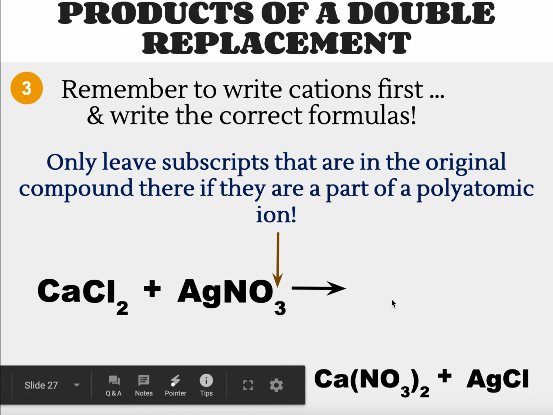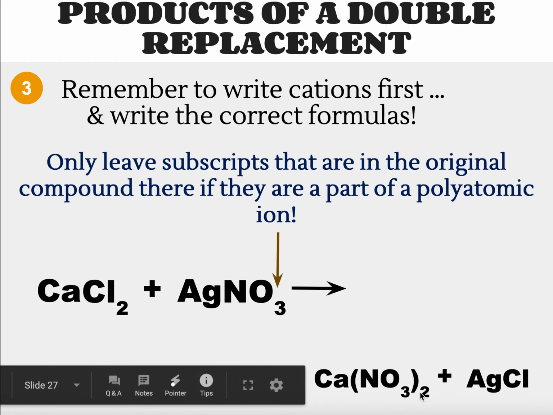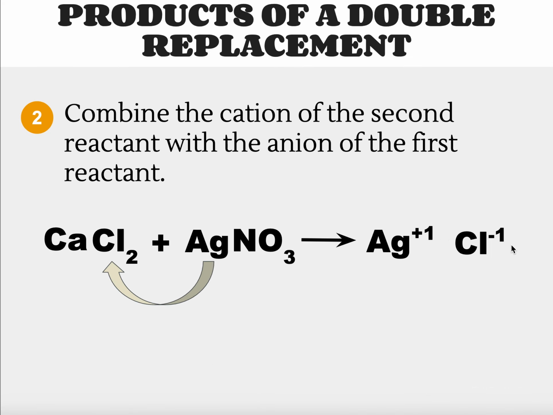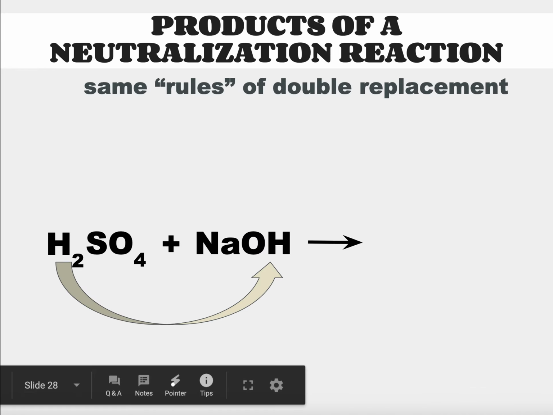And so again, once we know what the charges are, we can crisscross. The Ca was +2, the nitrate was -1. That's how I get the 2 outside parentheses, and the silver and the chlorine were each 1 apiece, so my formula is just AgCl.